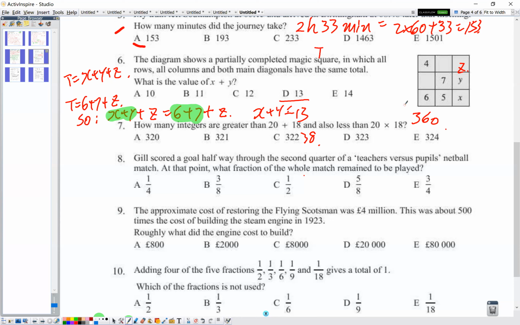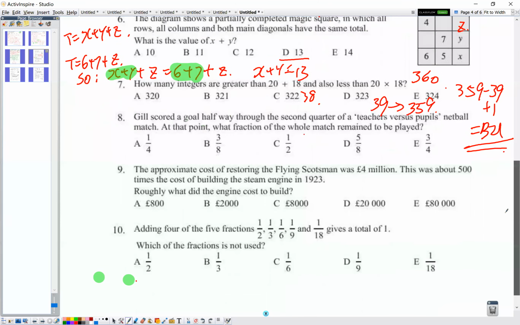We take each other. So the number is greater than 38. Greater than 38 basically is like we start from 39. And less than this number, so 39 to 359. So what we have to do is 359, take away 39 plus 1, that is 321. Is that easy peasy now?